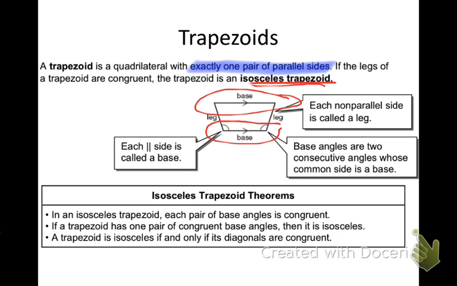If a trapezoid has one pair of congruent base angles, then it's isosceles, just kind of in reverse. And then a trapezoid is isosceles if and only if its diagonals are congruent. That is important. So if I draw a diagonal across here, in isosceles trapezoids, those are the exact same. The diagonals are going to be the exact same. Important to note.